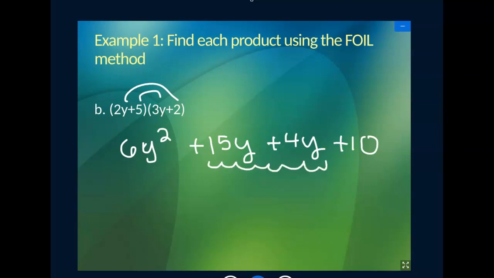How many of you had your 4y and 15y flipped? Yeah, because you did the true outer versus inner. Addition is also commutative, right? So it doesn't matter if I flip them. Ultimately, we're going to get 6y squared plus 19y plus 10.